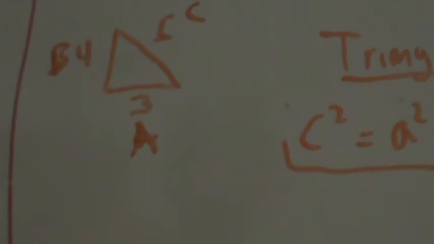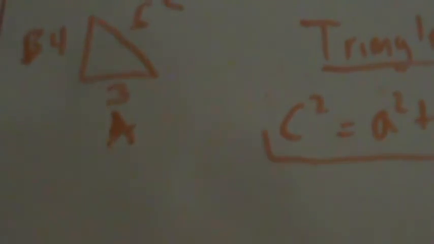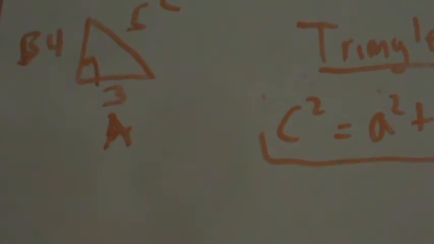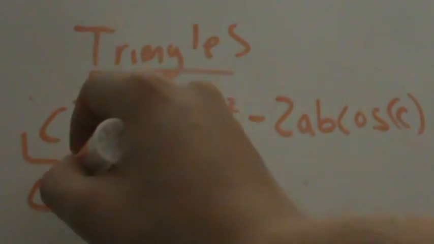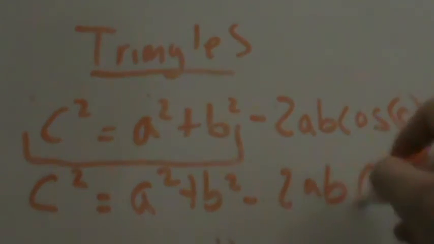Let's just say that this was A, this was B, and that was C. So if we're going from this formula over here, the angle that corresponds with C, because we just saw that this is a right triangle, this is 90 degrees, isn't it? So if I rewrite this, it would be c squared equals a squared plus b squared minus 2ab cosine 90.